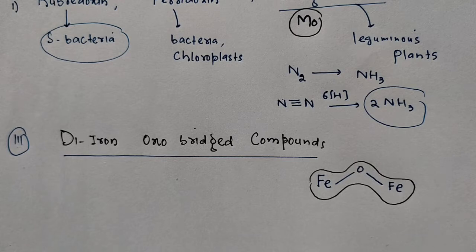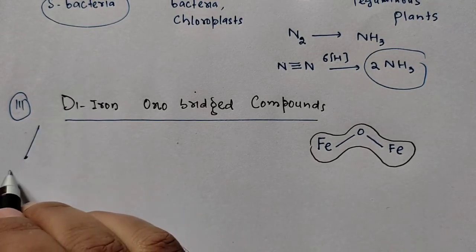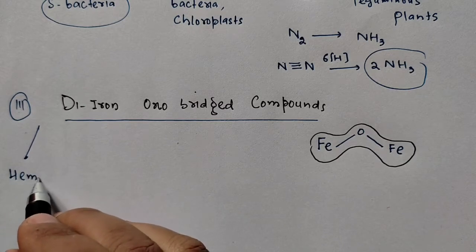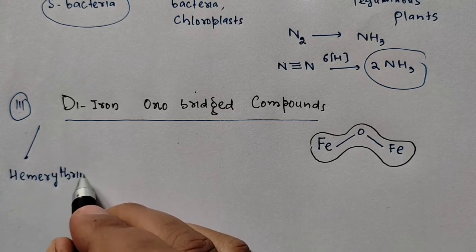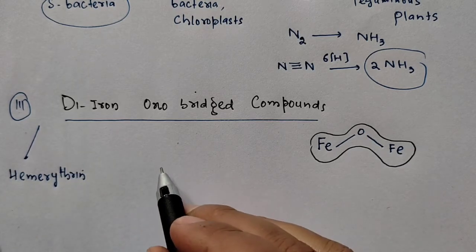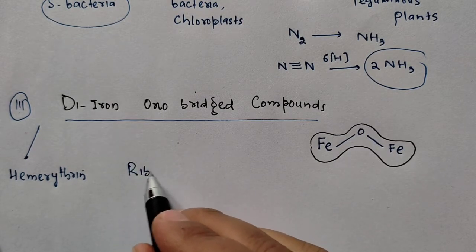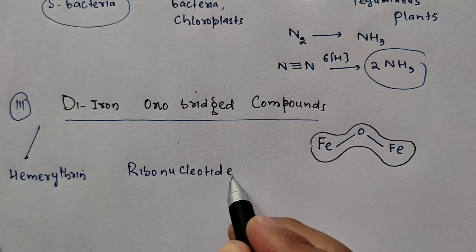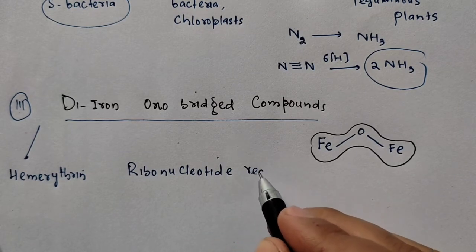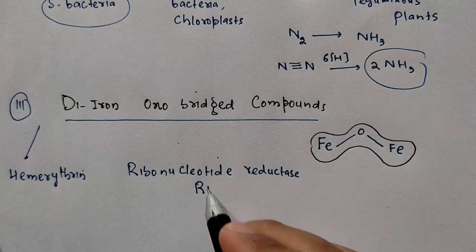Now see in which of them this occurs. You can write down number 1, hemerythrin. Then number 2, ribonucleotide reductase, also written as RNR.